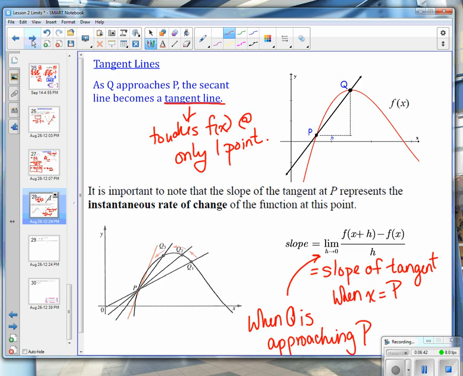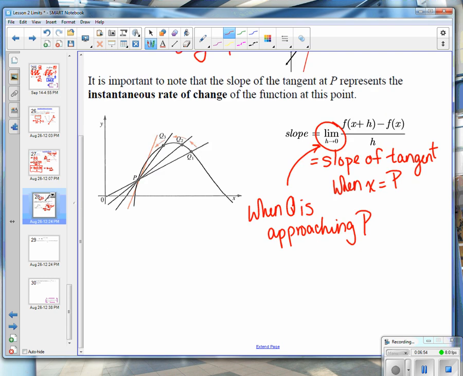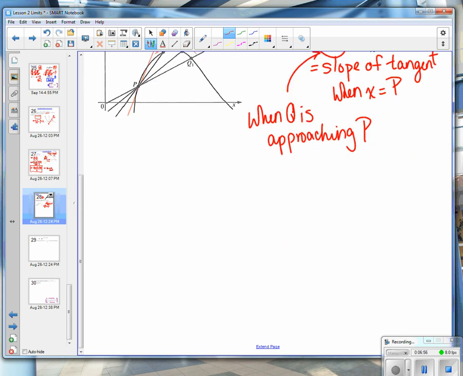So we're looking to see what's happening to our slope as we're bringing that point right onto P, when Q is approaching P. So when Q is approaching P, h is approaching 0.